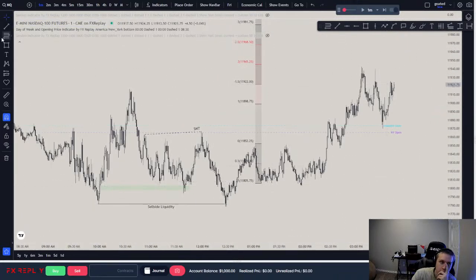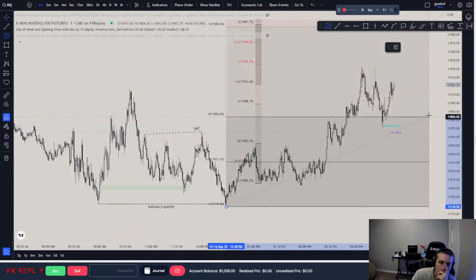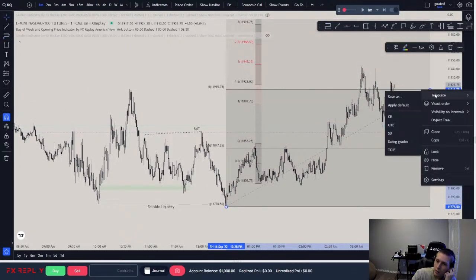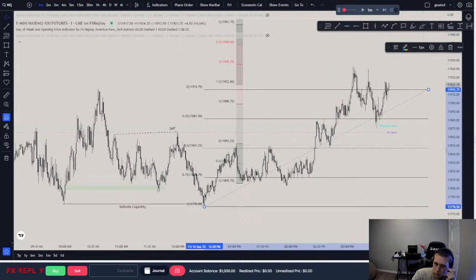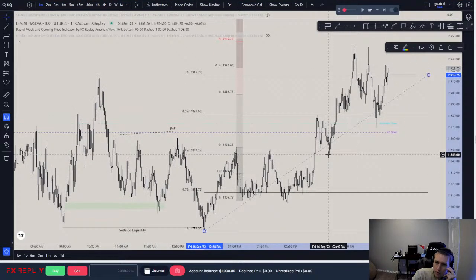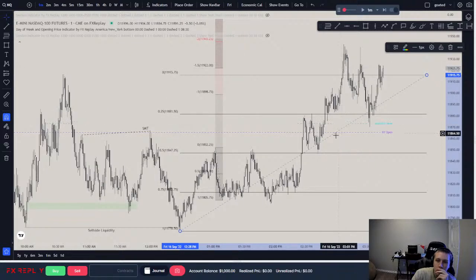Let's swing grade this. Another PM market maker model. Whoa. That's a little crazy. Silver bullet right here. Boom, buy side. Alright.